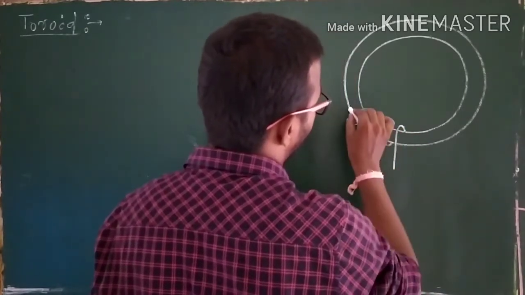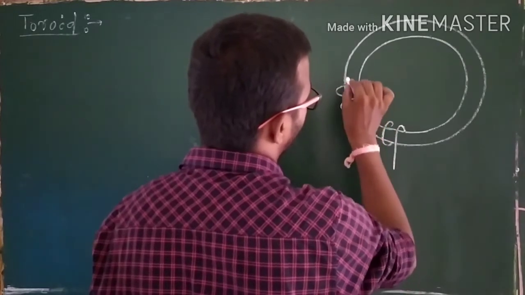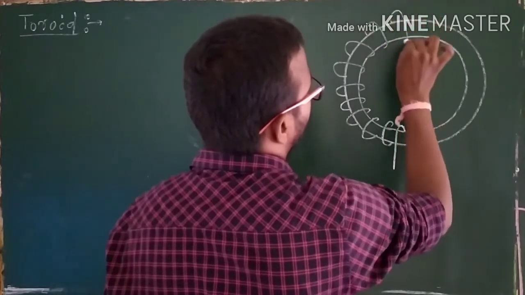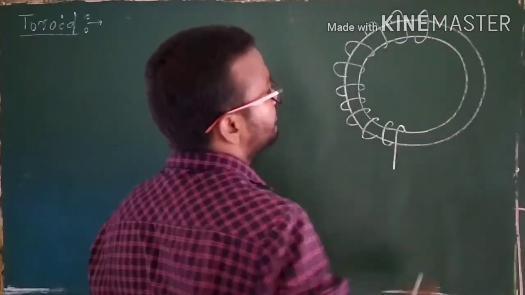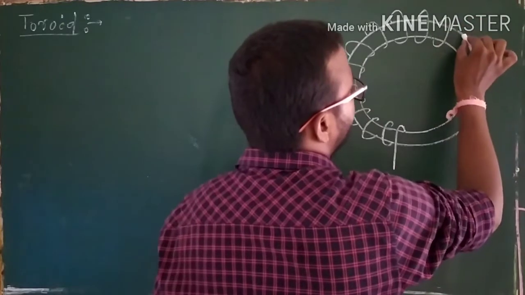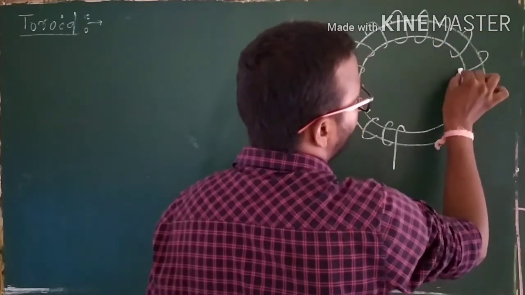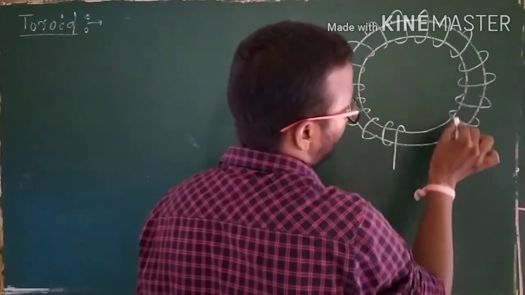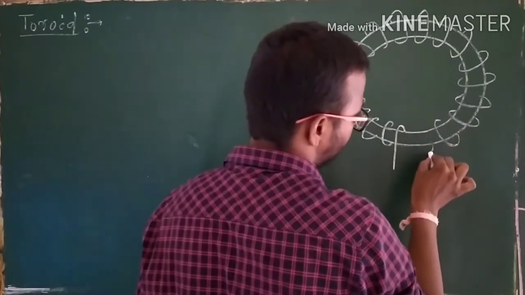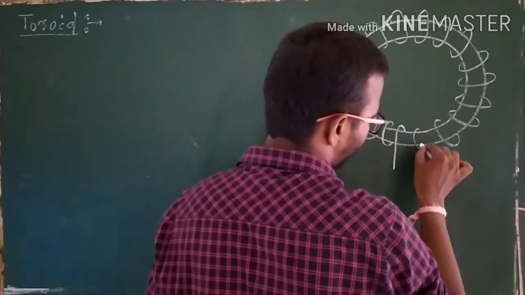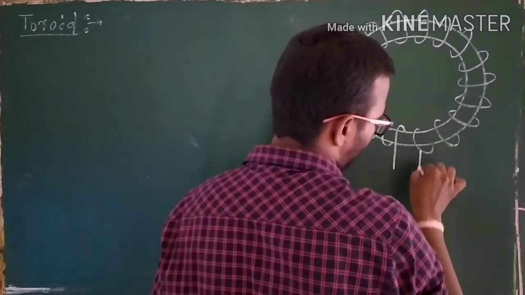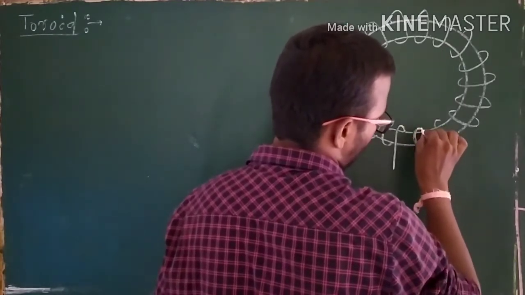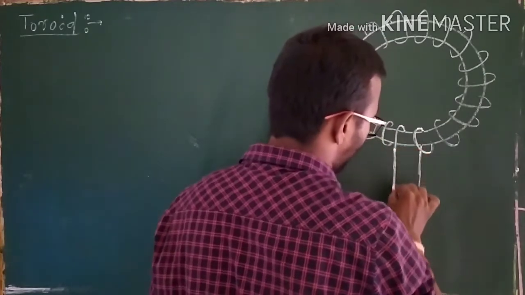This is a turn. The number of turns over a hollow circular ring forms a toroid. Clear? This is the model of a toroid.